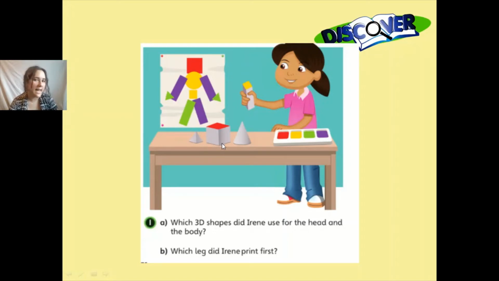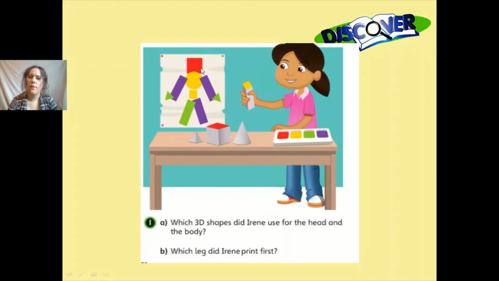Next to it is, fantastic, a cube, a cone, well done. And finally, in Irene's hand, she's holding a cuboid. Well done.